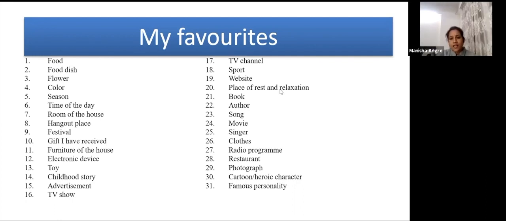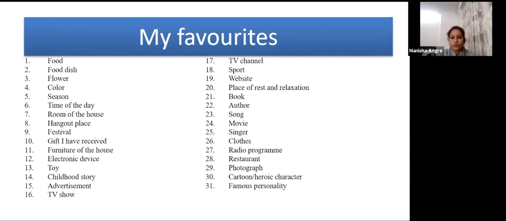Place of rest and relaxation. It can be any place in the home, outside the home, anywhere. Book, author. If it is about an author, do make sure that you are able to talk about some author. It can be a generic one, but you should be able to speak something on it. So be prepared. If anything seems irrelevant, you shouldn't feel that it's an irrelevant topic. Song, movie, of course these are easier ones.